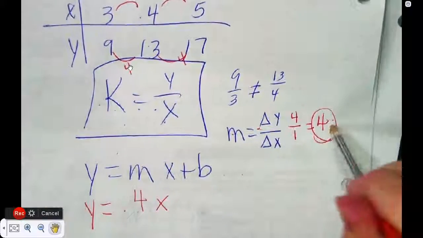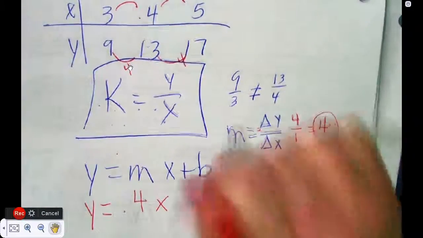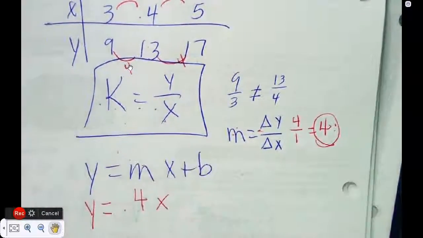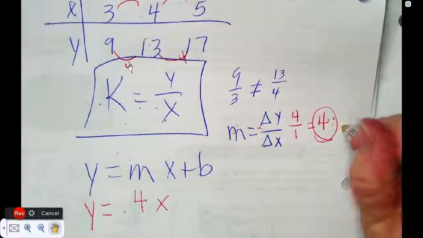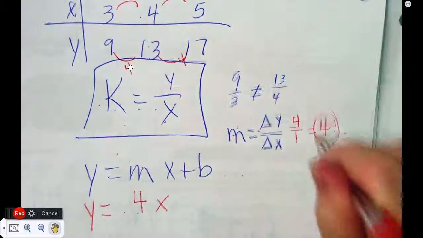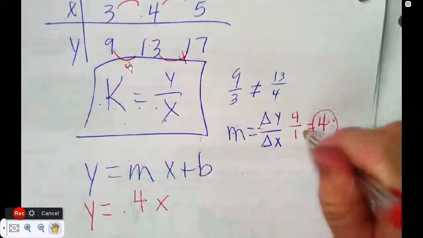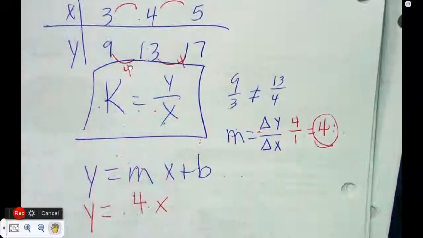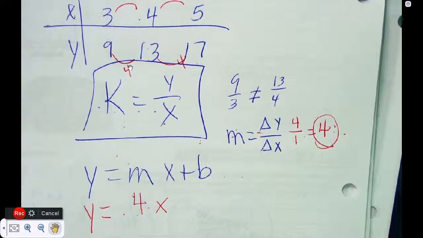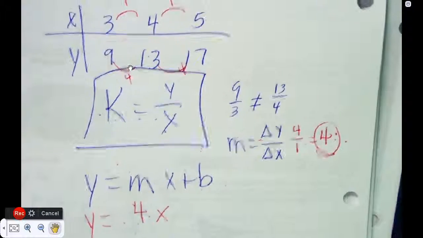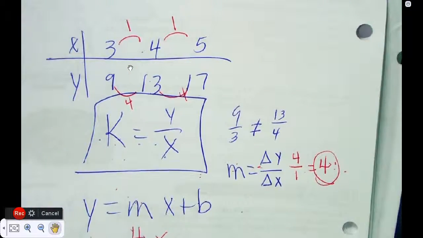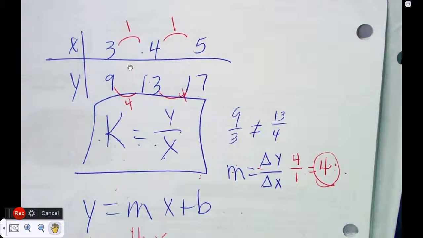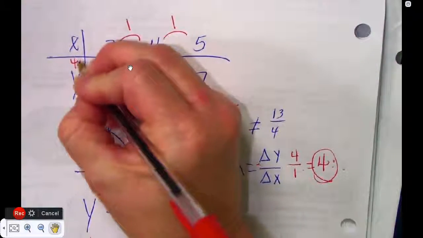I've got people that find that and then put it somewhere crazy. M is 4, so under m, put 4. That's not that complicated. Now, to find the y-intercept, we could count backwards, but on this problem it's not that easy.